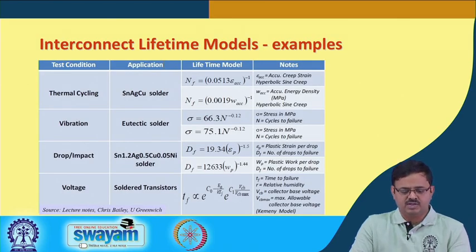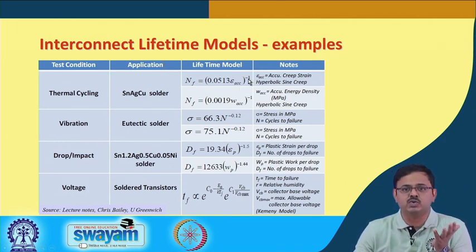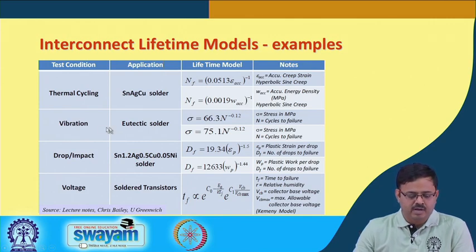All right. So, these are some examples of interconnect lifetime models under different conditions. Thermal cycling we already talked about. You can see these are variations of the Coffin-Manson model, except that C2 is -1 over here. Under vibration, it is more about high cycle fatigue, and there it is the stress that is important. So, the number of cycles to failure n is related to the stress in megapascals. Then there are drop impact and voltage.